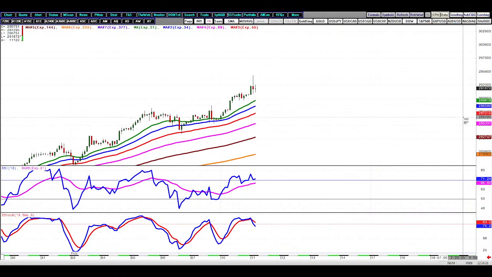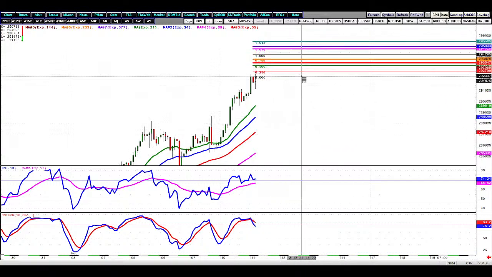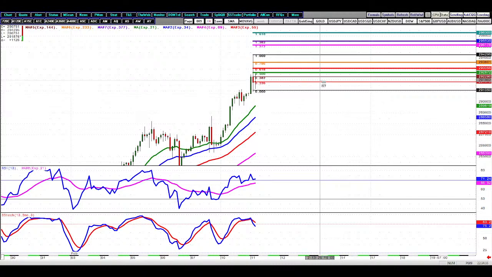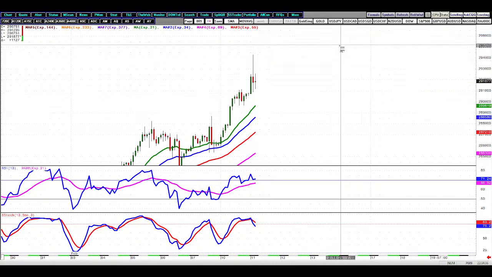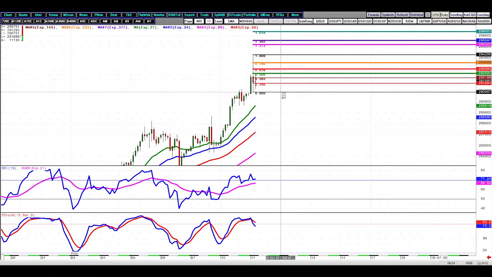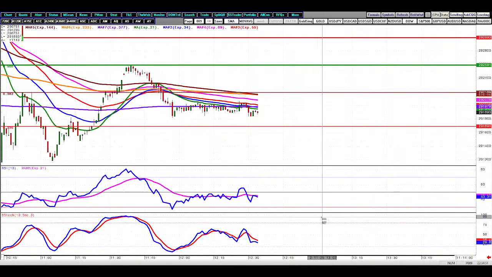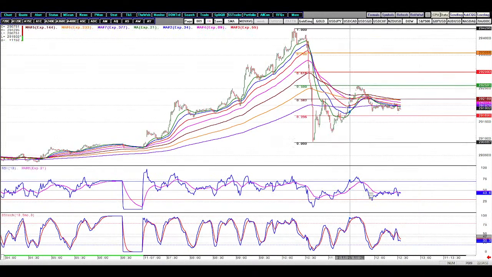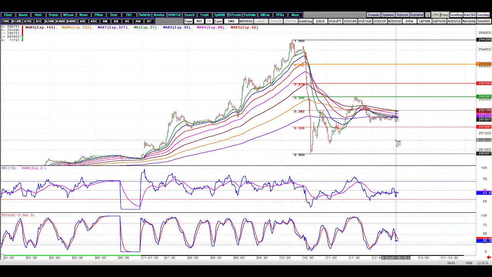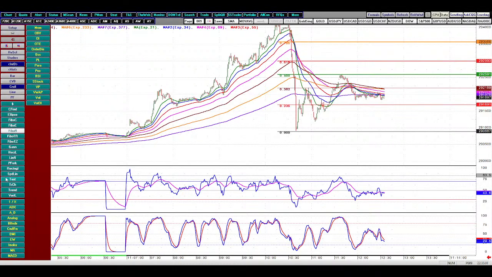So like as I said, we may have seen the high. Okay, so if that is the case, then we should be looking to do a projection on a lower time frame.